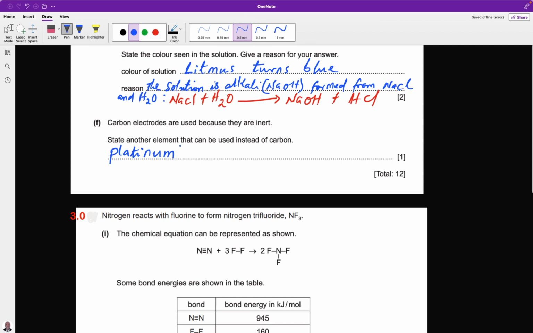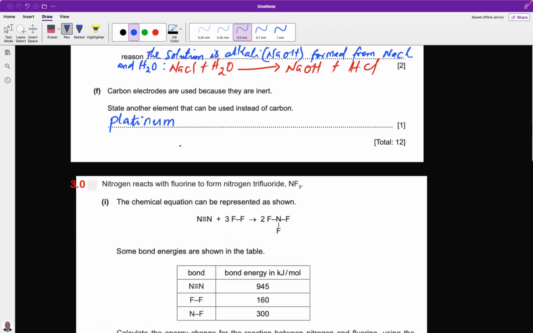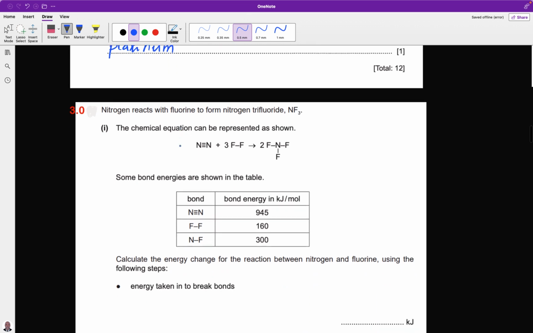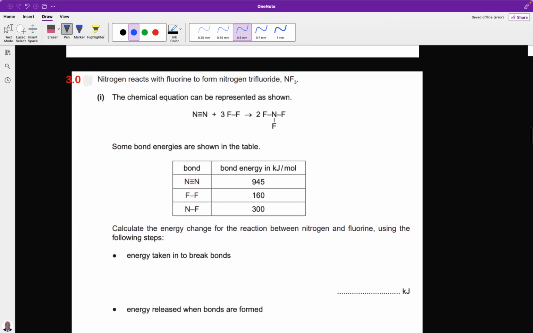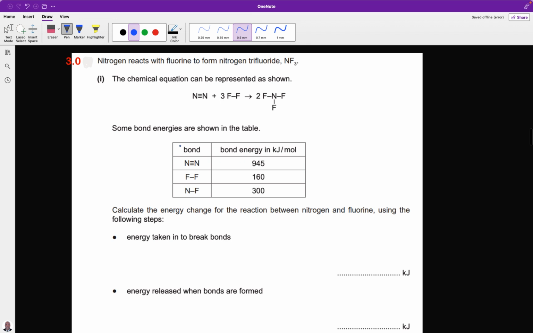Okay, it takes us to question number 3. On question number 3, we have to do with chemical energetics, or what we call the enthalpy changes, energy changes, that are under chemical energetics. Nitrogen reacts with fluorine to form nitrogen trifluoride.